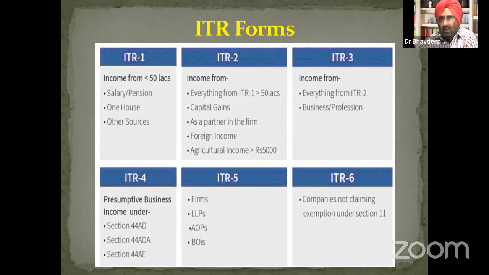Audit के situation में क्या करना है वो last slides में दिखाऊंगा आप. So understand this. Then business and profession income and everything from ITR 2 means if you're salaried in the morning and clinic in the evening, you file ITR 3. As simple as that. If there are gains with this, you file ITR 3. This is the most complex ITR.